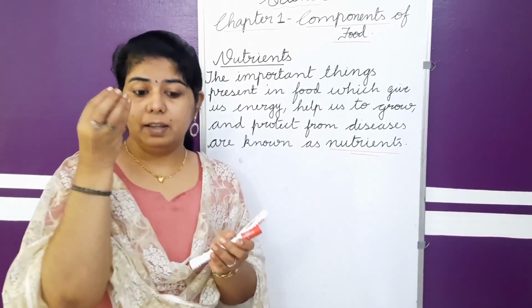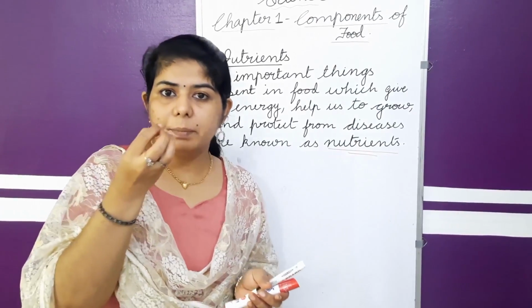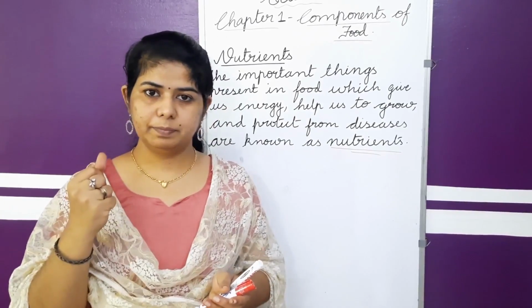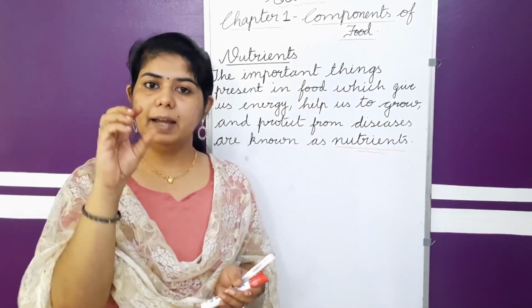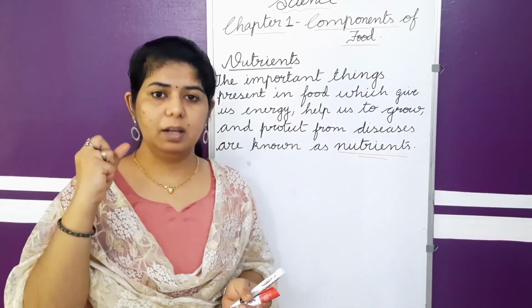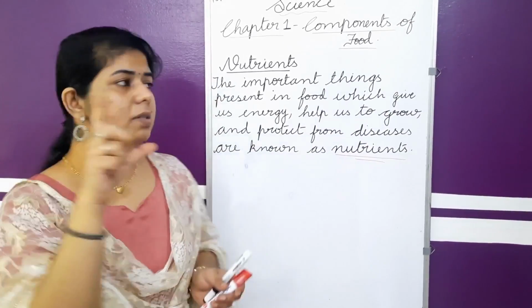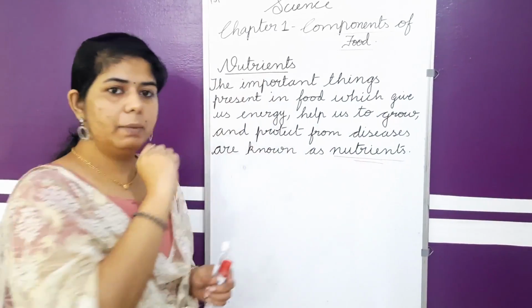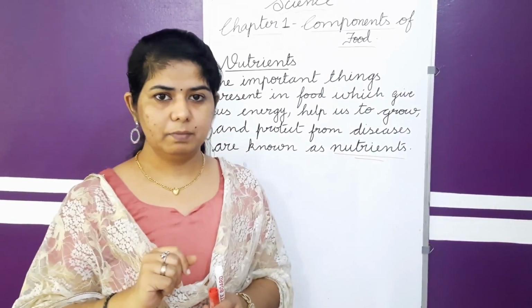That is, in the food we have, there are some important things present in it which help us to get energy and to grow. They are known in one term as nutrients. Got it?